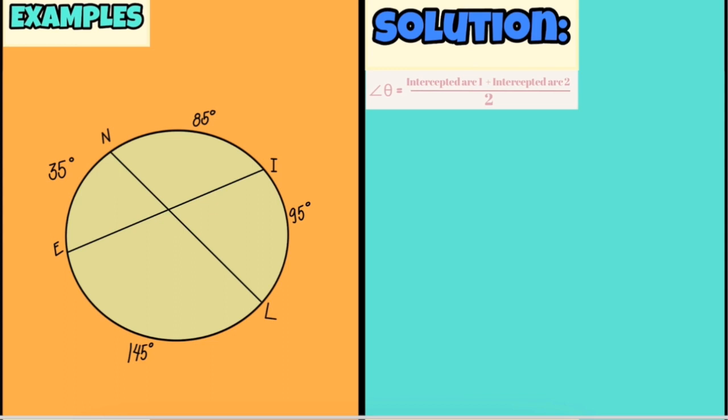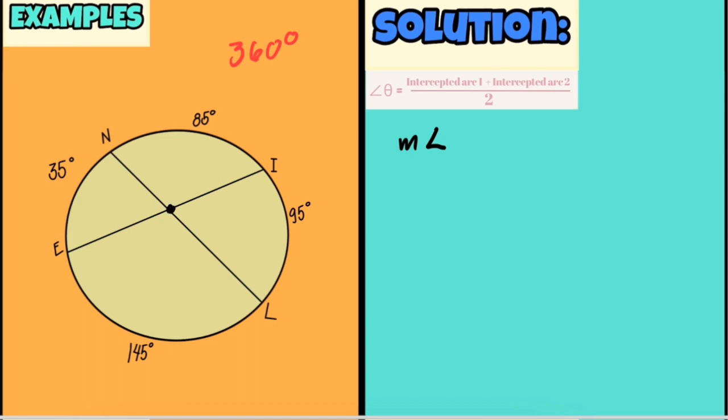For circumference, we know that for a circle, it's automatically equal to 360 degrees. If you add 35, 85, 95, and 145, it will give you 360 degrees. Now, let's say for this example, we are looking for the following.